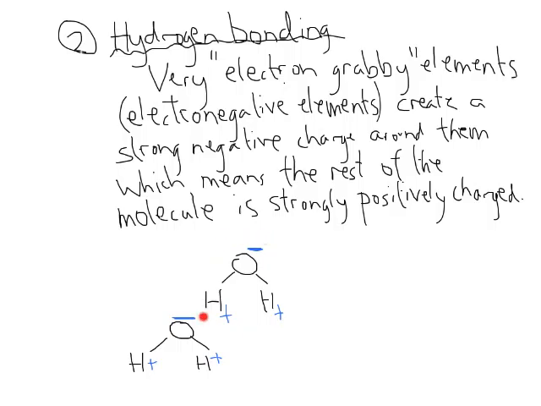There's nothing to do with inside the molecule. There's obviously stuff going on inside the molecule that we've already had a look at, but this is between the molecules, which makes water stick together more, which gives it a higher boiling point and things like that.